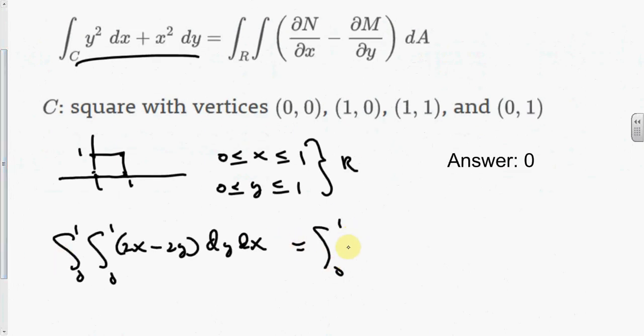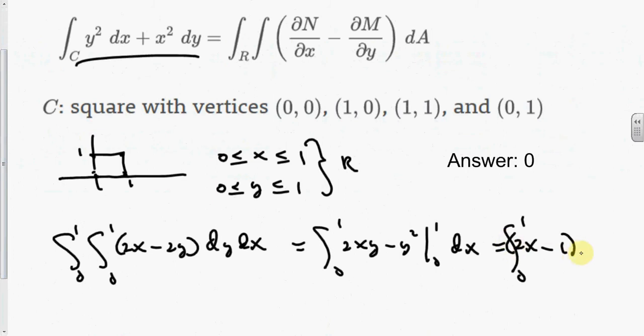The integral from 0 to 1. This is 2xy minus y squared. Evaluate that from 0 to 1 dx. So this is for y. So this is 2x minus 1. That integral from 0 to 1 dx.